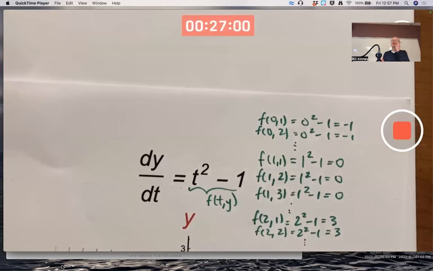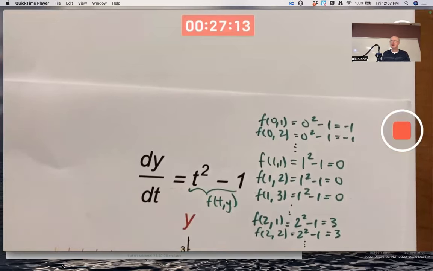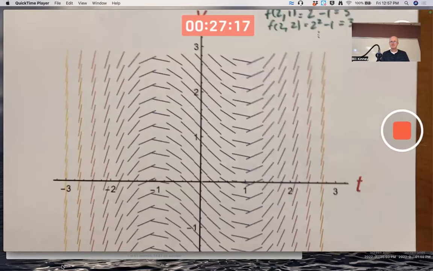Along any vertical line, the slopes are going to be constant, because along the vertical line, that's where t is constant, because y doesn't matter. What kind of picture will you get? There we go.